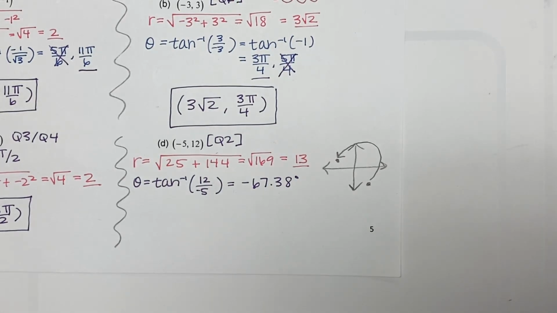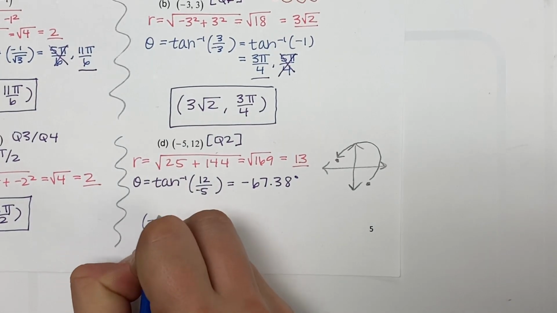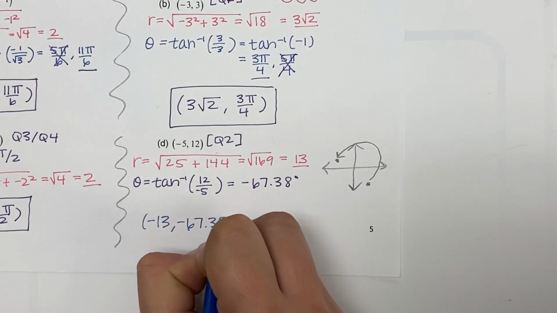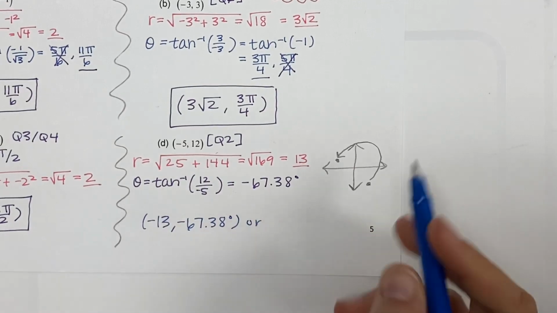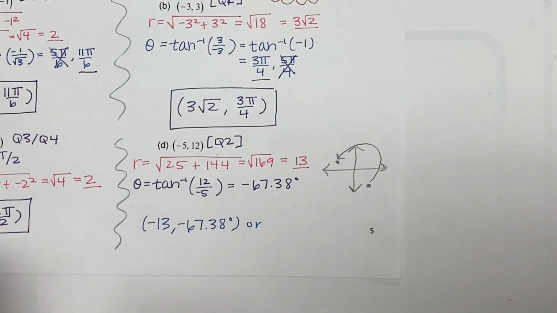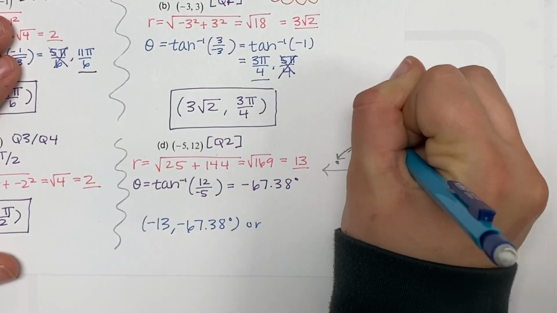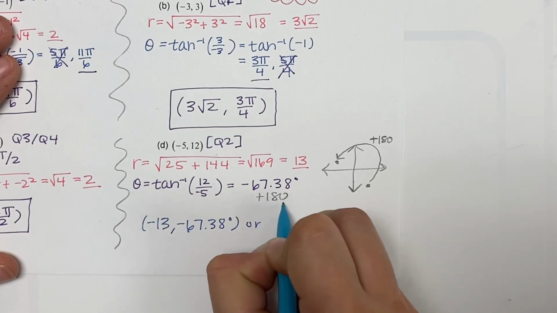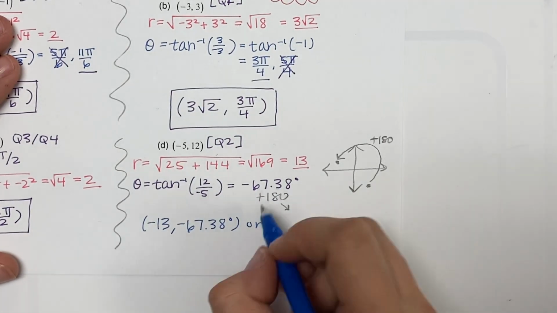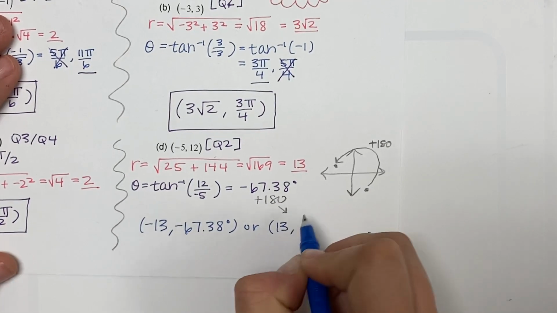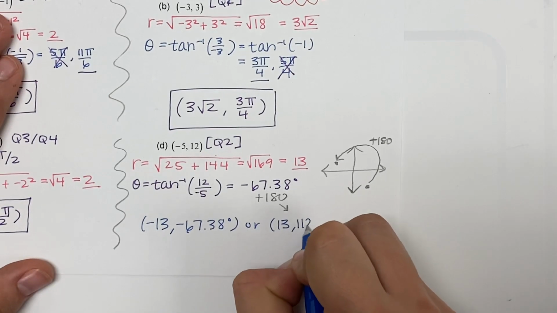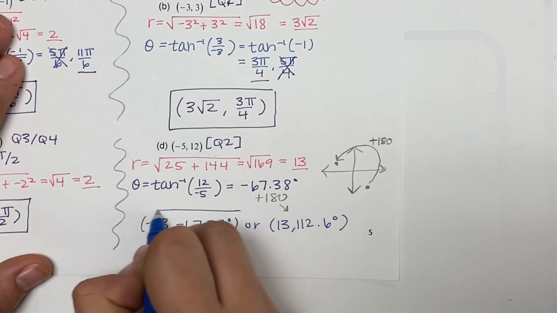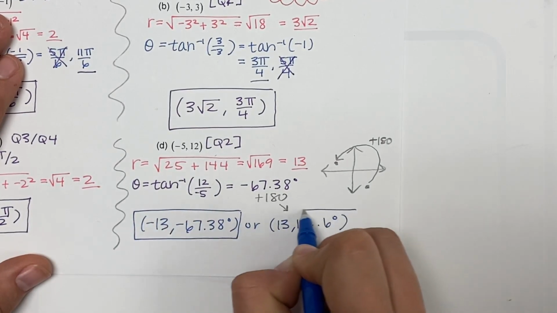So one of my answers could be -13 and then -67.38 degrees. Or if I'm trying to get from here to here, that's just adding 180. So I could just add 180 to this and keep 13 and use 112.6 degrees. So either one of these works.